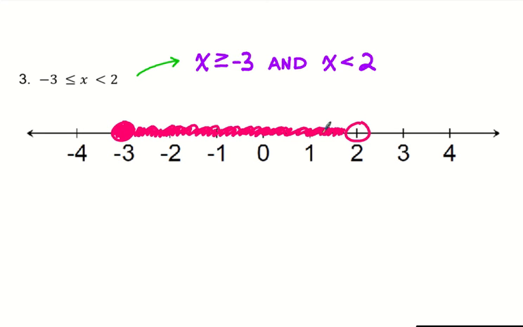They collide and they make one graph. And I'll probably elaborate later about this, but because of the word and, these combine together. But bottom line, at the end of the day, you should see this type of deal as everything in between negative 3 and 2, including negative 3, not including 2.